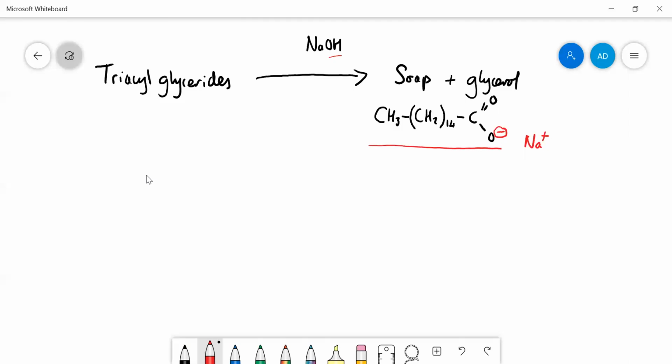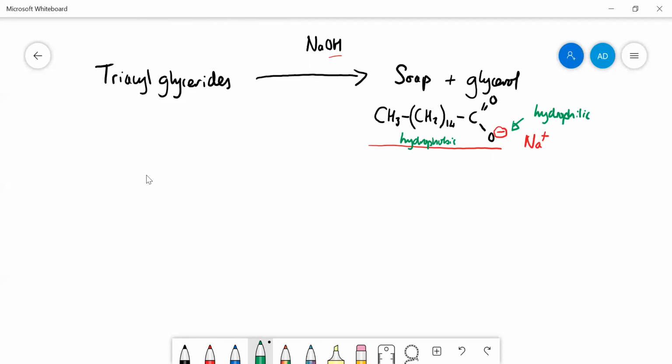The way it works is this is hydrophobic, and this bit of the molecule is hydrophilic, because it's charged. Okay, charged things tend to be soluble in water.